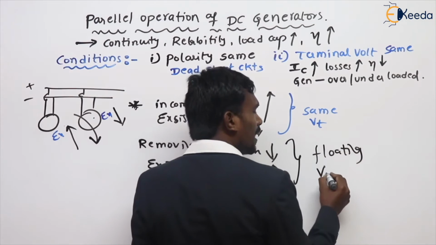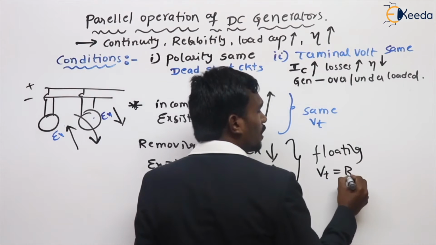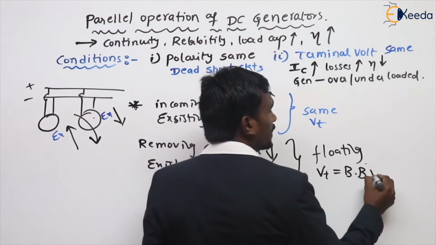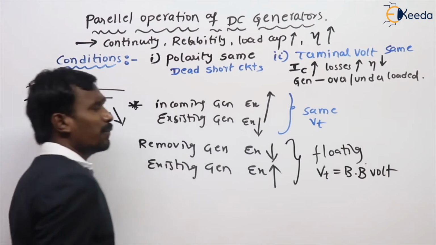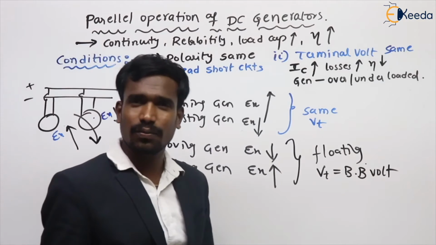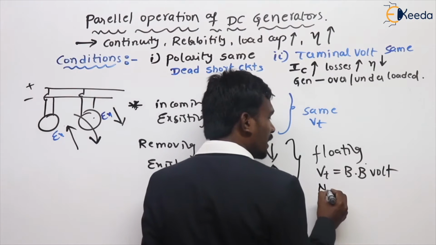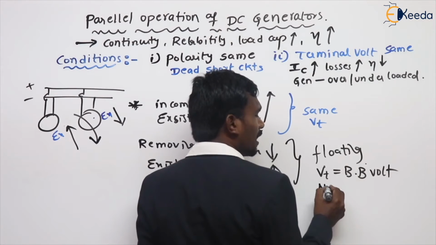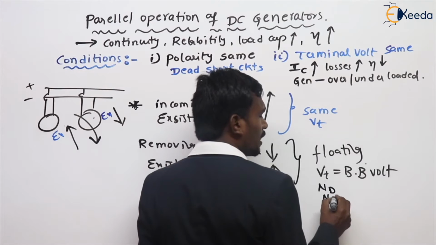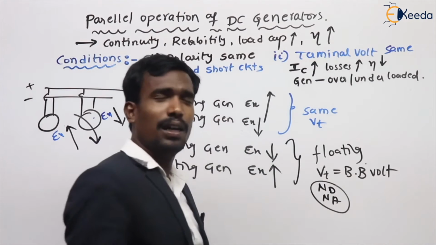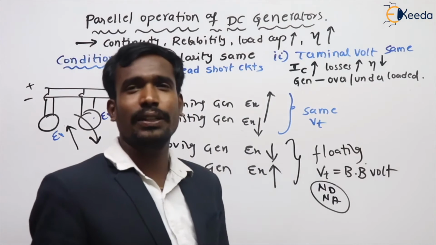Floating point is nothing but the terminal voltage equal to the bus bar voltage, the same voltage. At this condition there is no delivering of power and no absorbing of power from the bus bar or from the generator.